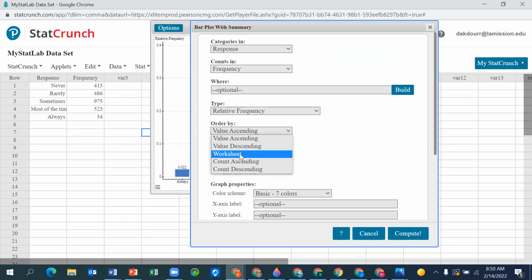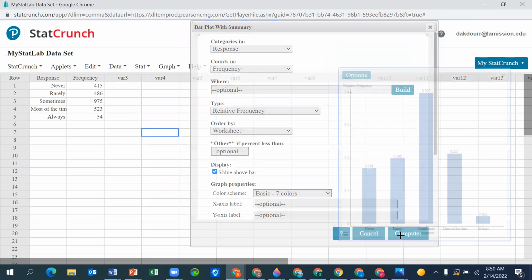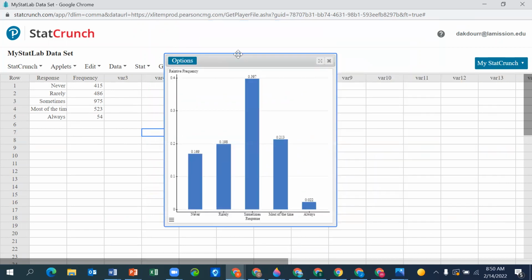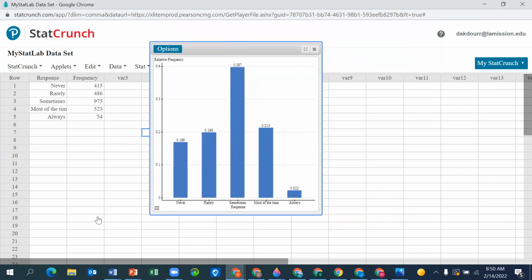So if you click on the worksheet and you click compute, you notice now they're the same order I have here. So never is the first choice, rarely, sometimes, most of the time, and always. Now it has the same order as we have it in our problem.